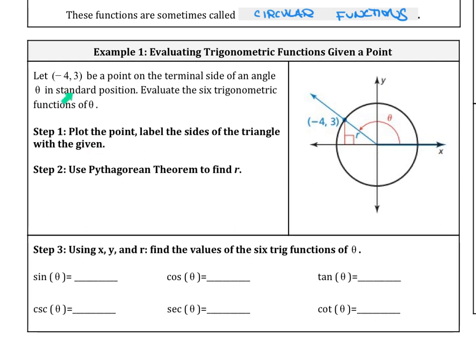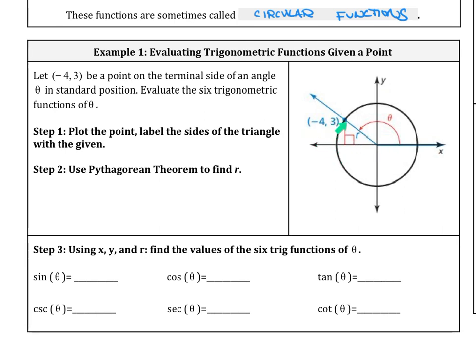Let (-4, 3) be a point on the terminal side of an angle theta in standard position. We're going to evaluate the 6 trigonometric functions of theta. Now when it asks for that, we want to know sine, cosine, tangent, cosecant, secant, and cotangent of theta. So what you do is you plot the point. We plot the point (-4, 3): x is -4, y is 3.